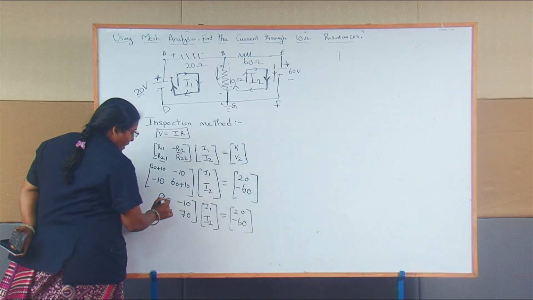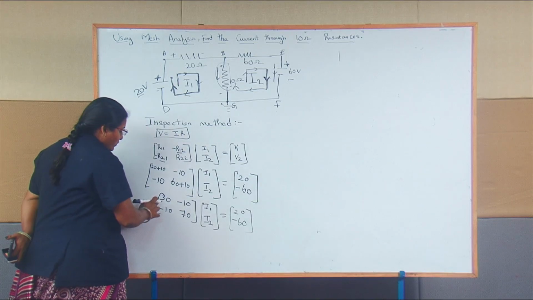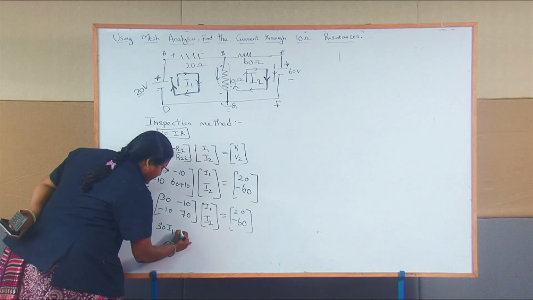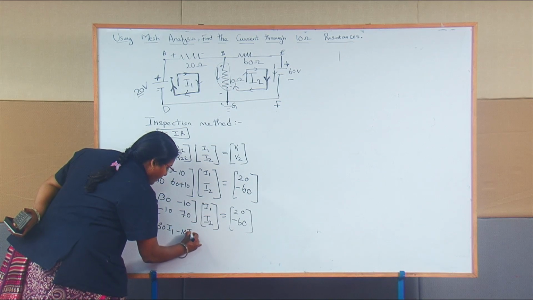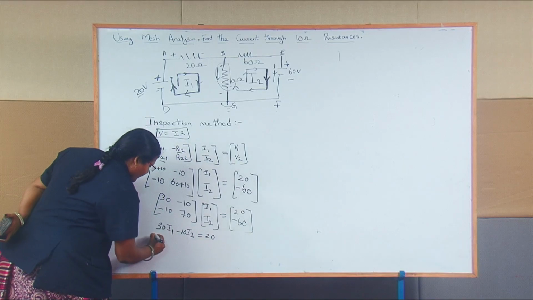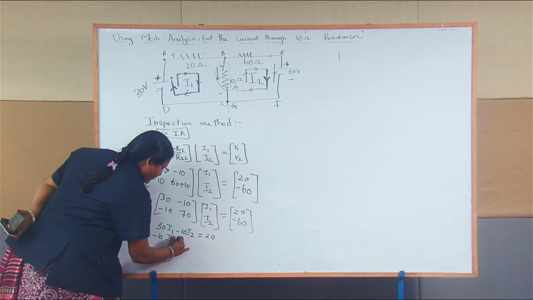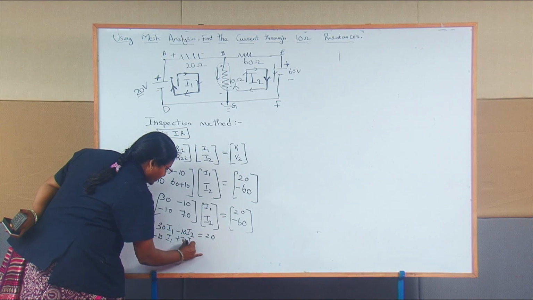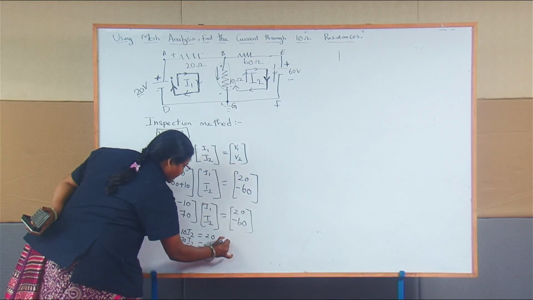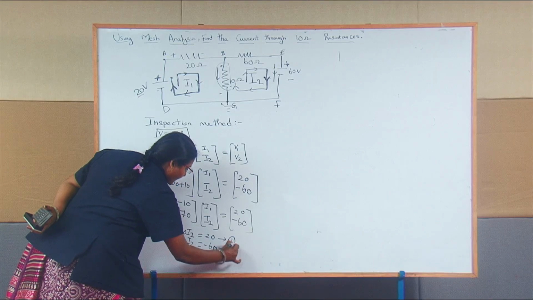I am going to form the equations first, then we will check with Cramer's rule. So 30 I1 minus 10 I2 equal to 20. Then minus 10 I1 plus 70 I2 equal to minus 60. This is equation 1, this is equation 2.